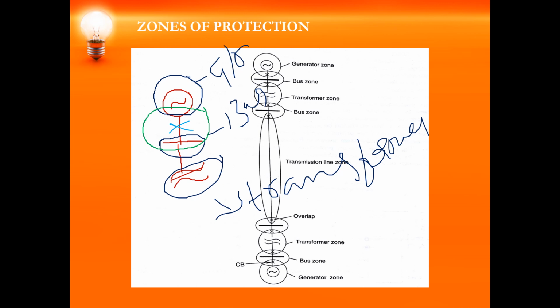If it is designed for the transformer side, it will protect only the transformer. But we also need to take care of the connecting part. So if there is any failure in the connecting part, then the protection system at the generator as well as the bus bar, both are going to get affected. That means more circuit breakers will get tripped if a fault has occurred at this particular point.